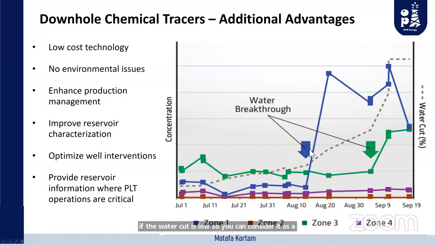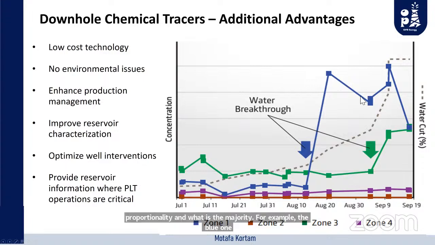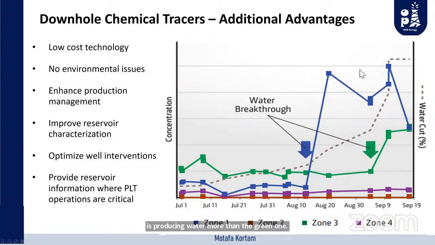But once you see an aggressive and abrupt change in the concentration, you can conclude there is some water breakthrough, and the concentration tells you the proportionality and what the majority is. For example, the blue one is producing more water than the green one. If the opposite happened and the concentration of the green tracer became higher than the blue one, it means the water comes more from zone number 3 relative to zone number 1.